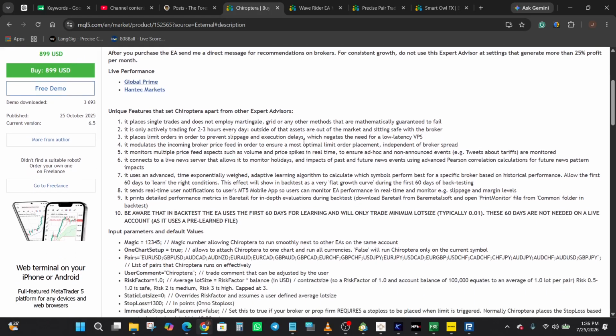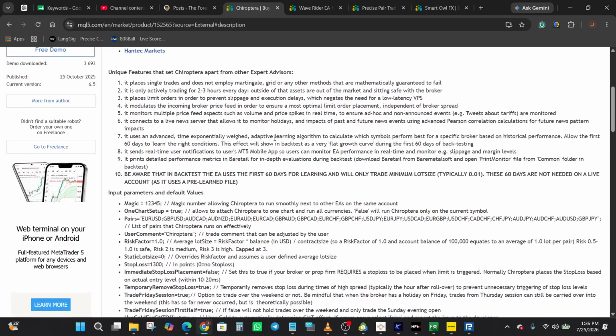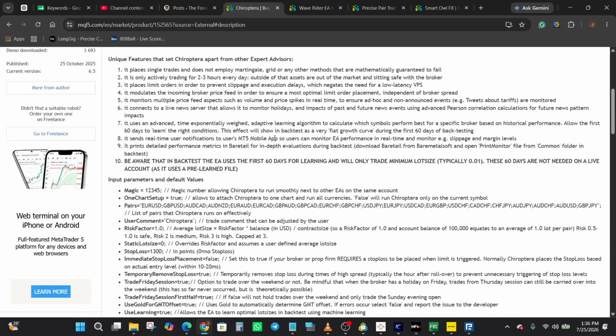Now, scrolling into the feature list, a few things worth flagging. It uses limit orders rather than market orders, specifically to avoid slippage, which the developer says removes the need for a low latency VPS. It also modulates the incoming price feed to try to place those limit orders optimally regardless of broker spread.